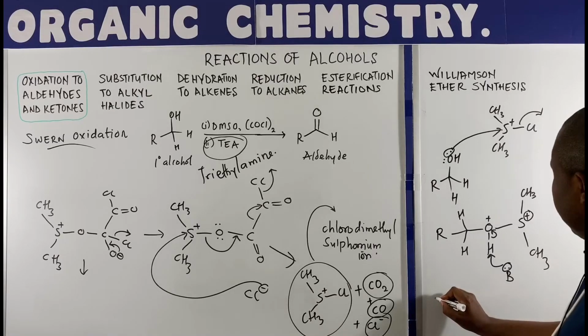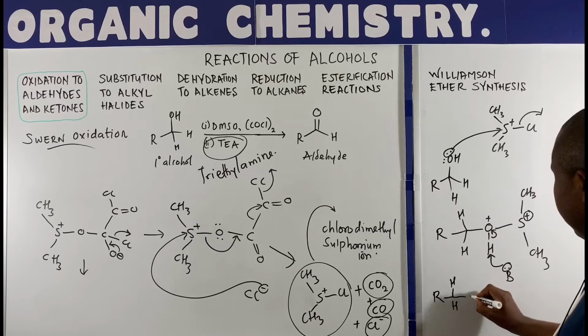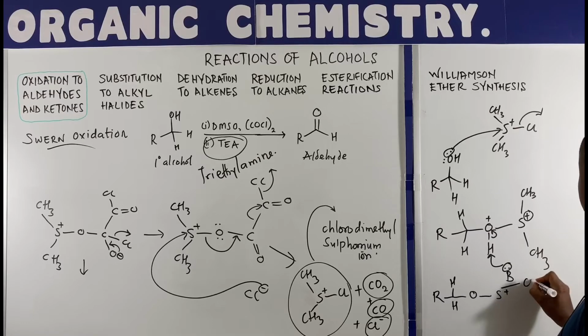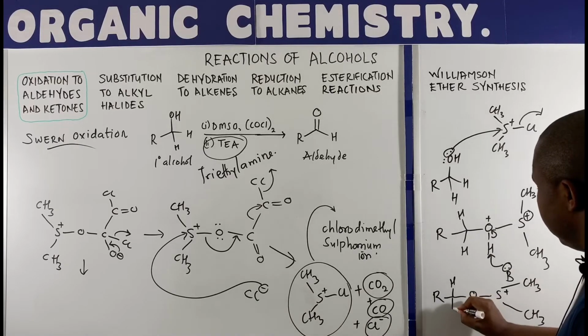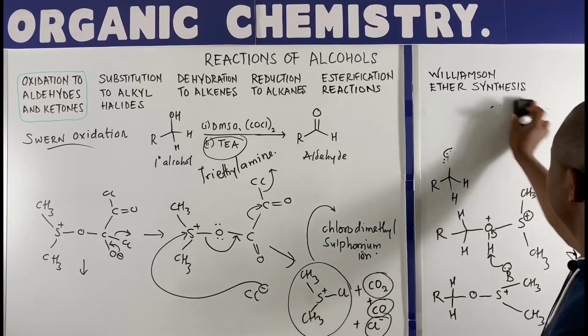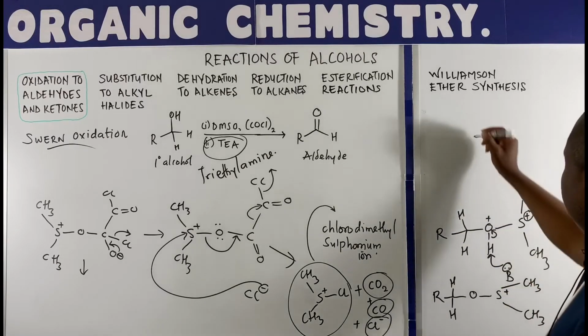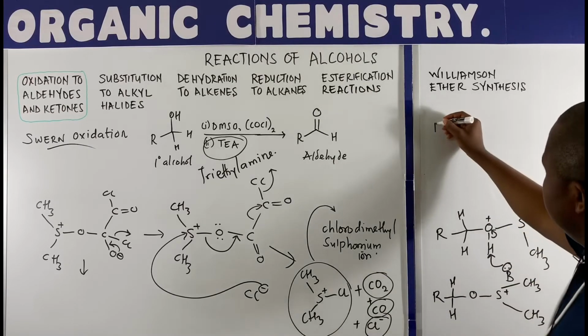Let me draw it here, so that we have this. So we have these intermediates. I'm going to have to clean this place. So when that happens, we have this, let me bring this structure here, our intermediate.